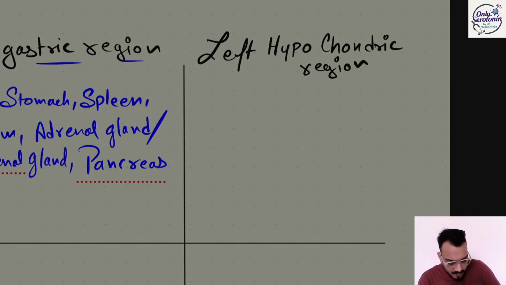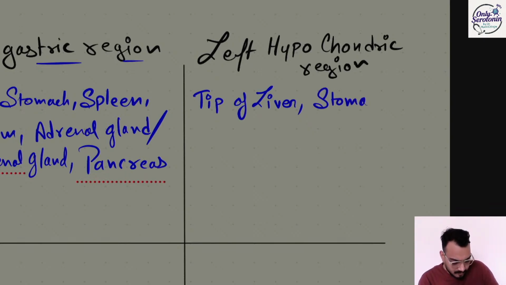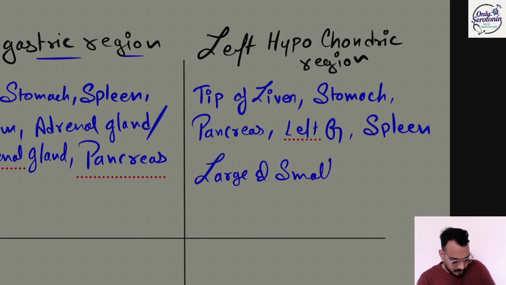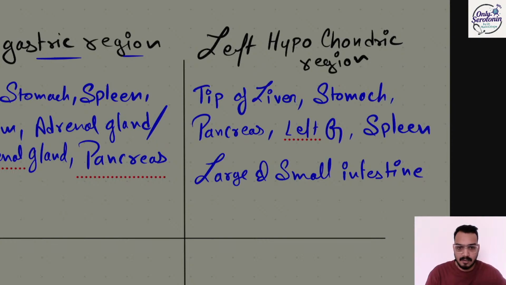In the left hypochondric region, I have the tip of liver, stomach, pancreas, left kidney, spleen, as well as my large and small intestine. That is your upper three quadrants.